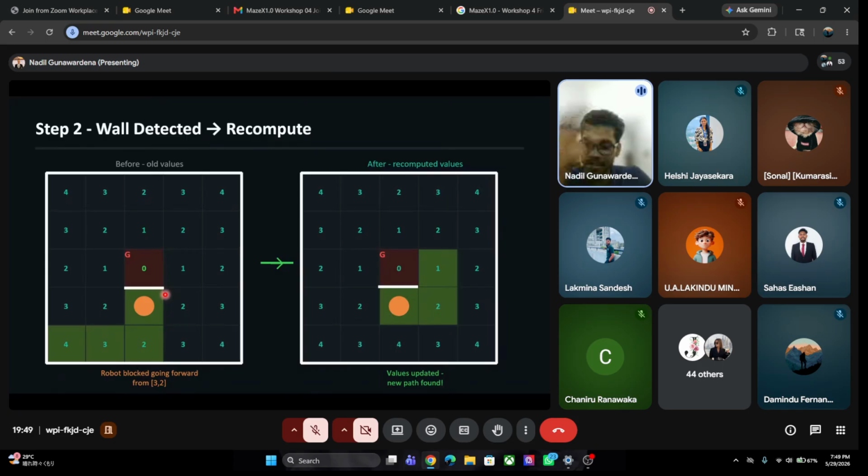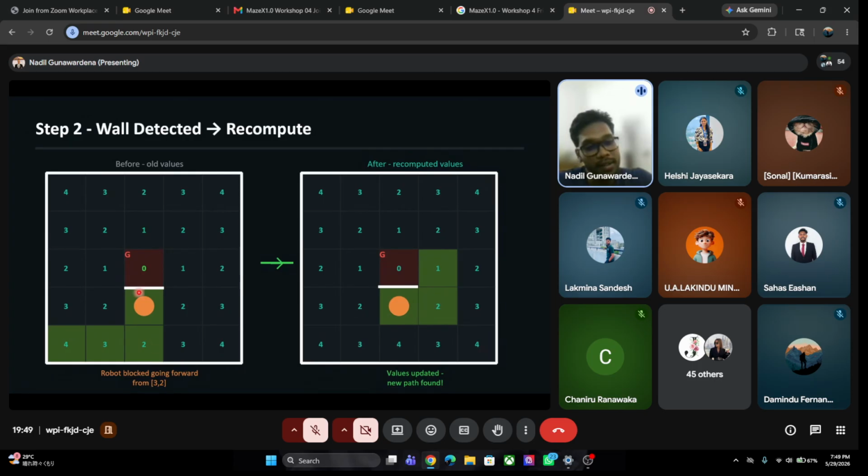Otherwise it doesn't apply the flood fill algorithm, because let's just assume that the wall was not here, the wall was just here. Then that wall doesn't block its path, so it can just go the path that it intended to go in the beginning.